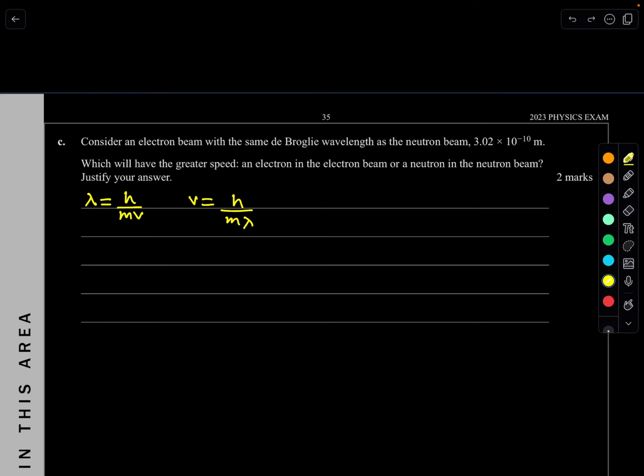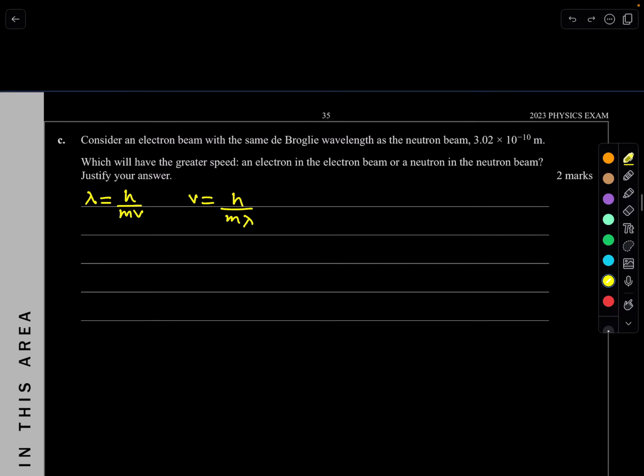So the only defining feature is their mass. The bigger the mass, the lower the velocity because you're increasing your denominator. The lower the mass, the higher the velocity.